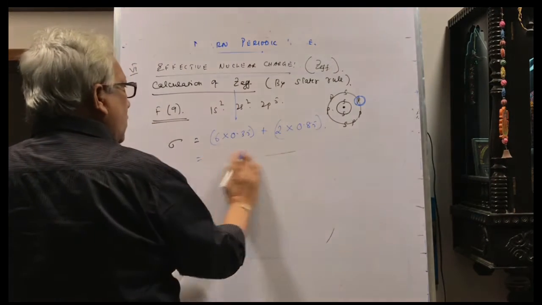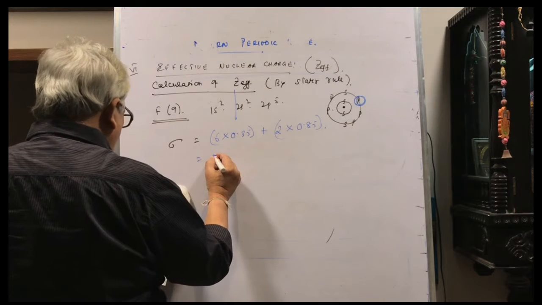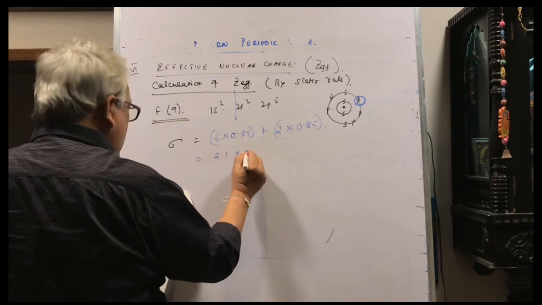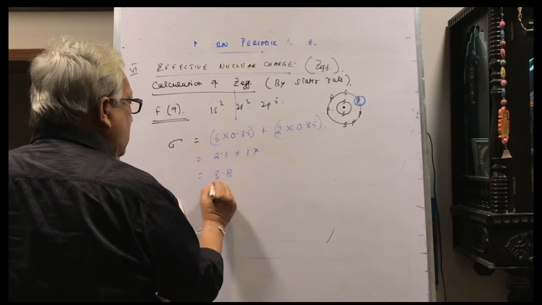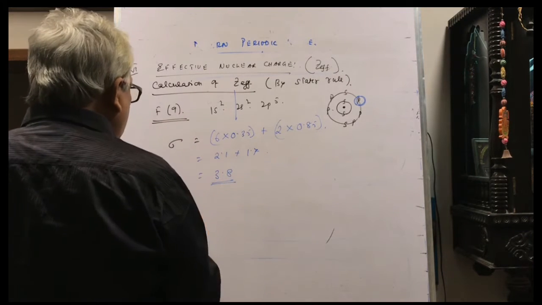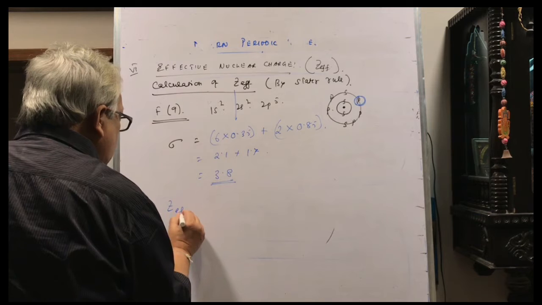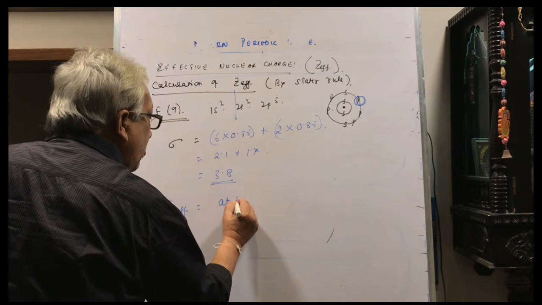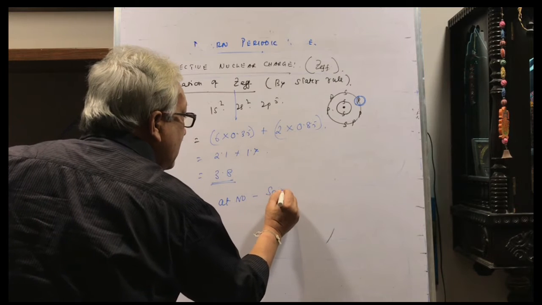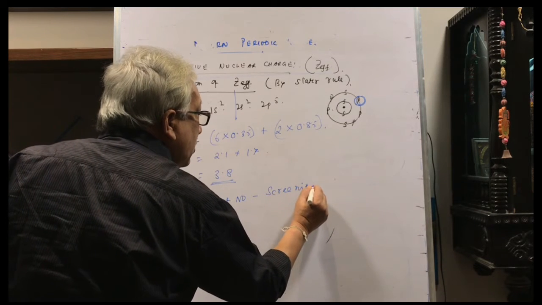So the contribution will be 2.1 plus 1.7. This will be 3.8. This is the screening constant. Now Z effective is the atomic number minus the screening constant.